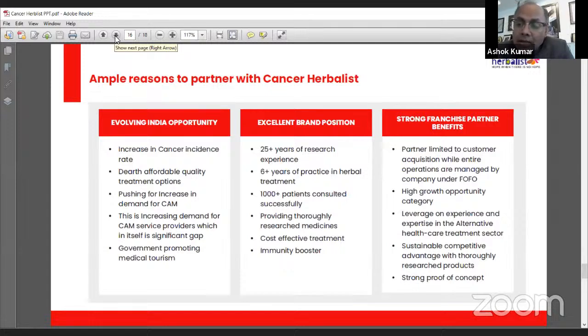Against this fee, you will get initial handholding, training, and complete support from the Cancer Herbalist team, in terms of marketing material that you require, or the local marketing that you need to do in your local market.